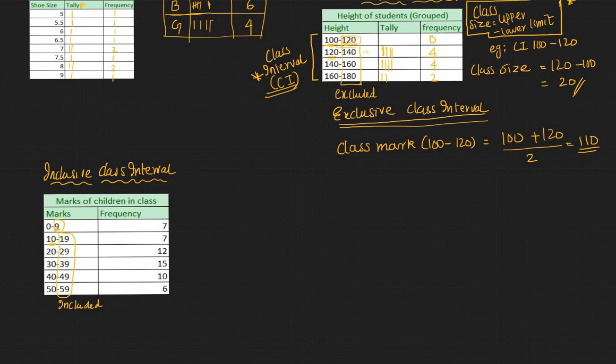So the way we can do it is, instead of 9 and 10, we can go somewhere in the middle and say, this starts at 9.5, and this data starts from, instead of 20, somewhere between 19 and 20, which is 19.5, and keep going. So 29.5, 39.5, and 49.5.